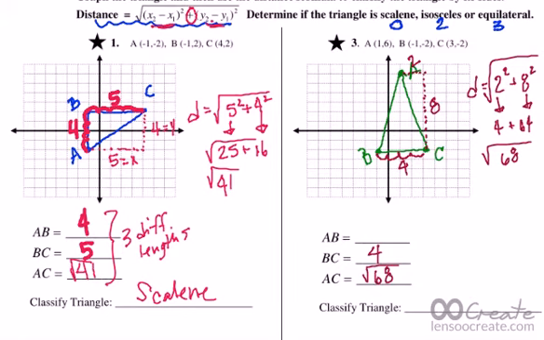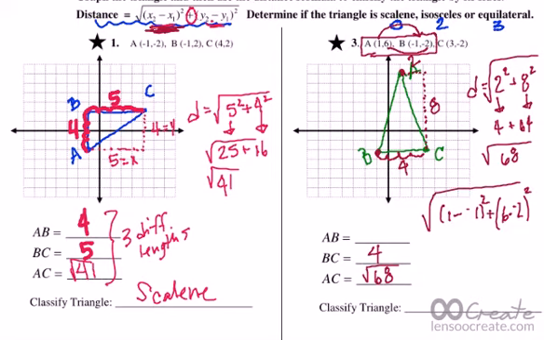Now if you're interested in trying to use the formula, let me point that out. If we're going to go from A to B, we would use our A and our B points from above. The formula says that we subtract the x's first. So we're going to do 1 minus -1. So I'll write here 1 minus -1. We square that. And then we do the y's, the 6 minus -2. And we square that. Then we add those together.